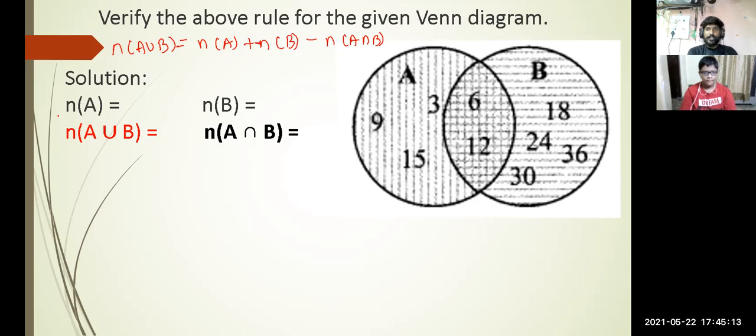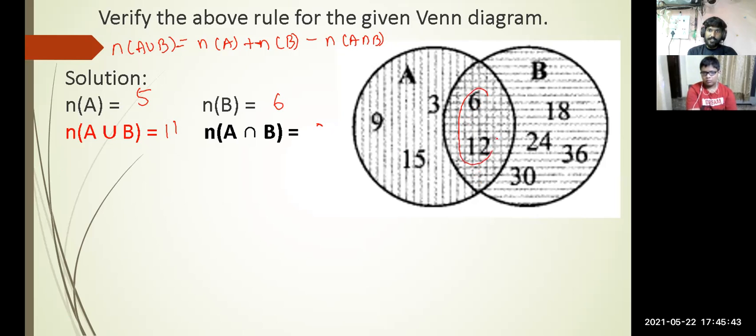n(A). Can you tell me what is n(A)? 5. n(B)? 6. A ∪ B? So you count all. 11. And A ∩ B?